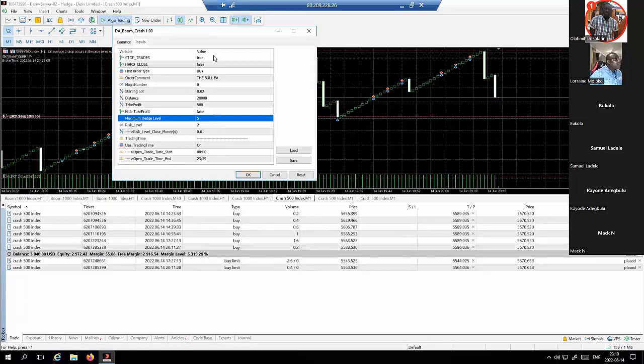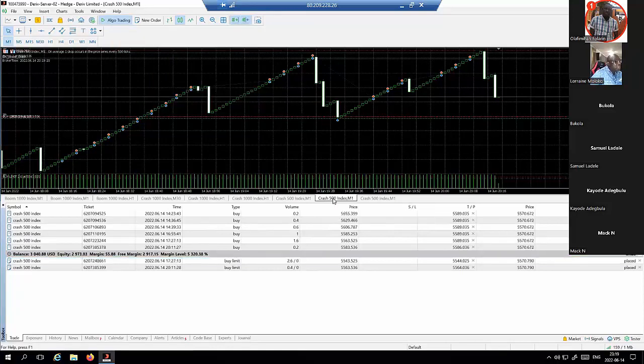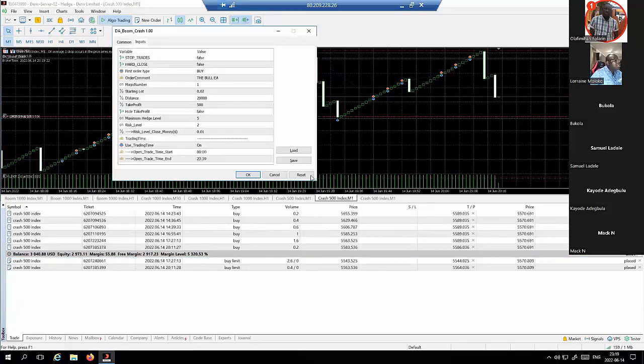Okay? So if you look at it now, immediately I realized that my Magic 0 was pending my 2.6, what did I do? I came to Magic 1, I opened it, and I set it up to start trading. You can see that my stop trade is first, my hedging close is fourth.